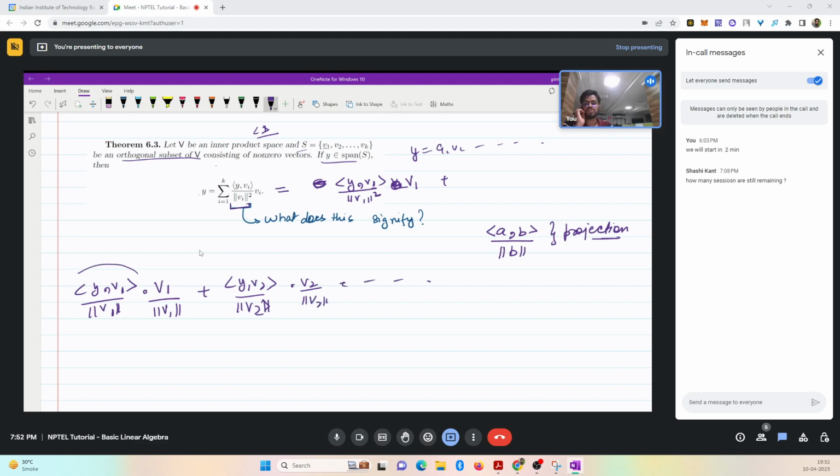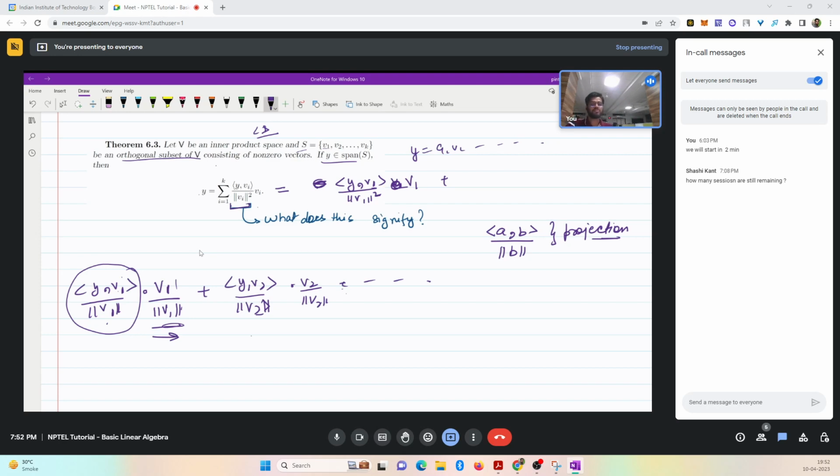So this is just the projection of y on v1 in the direction of v1. This is just v1 and we have normalized it so that we get a unit vector in that direction. Plus again the same thing. So this is how you can obtain a1, a2, a3 directly.